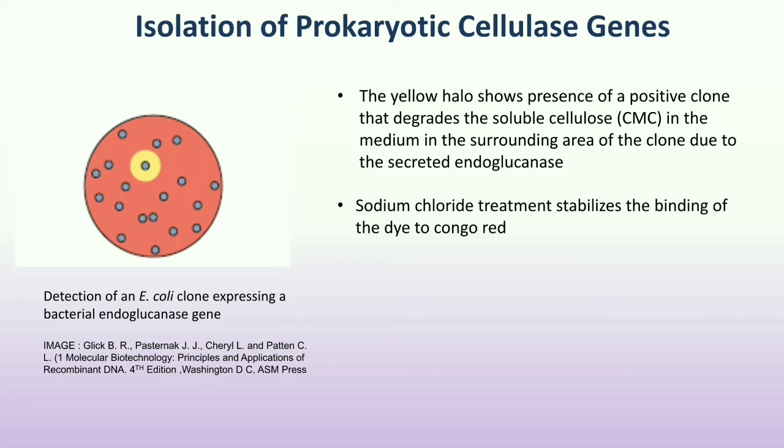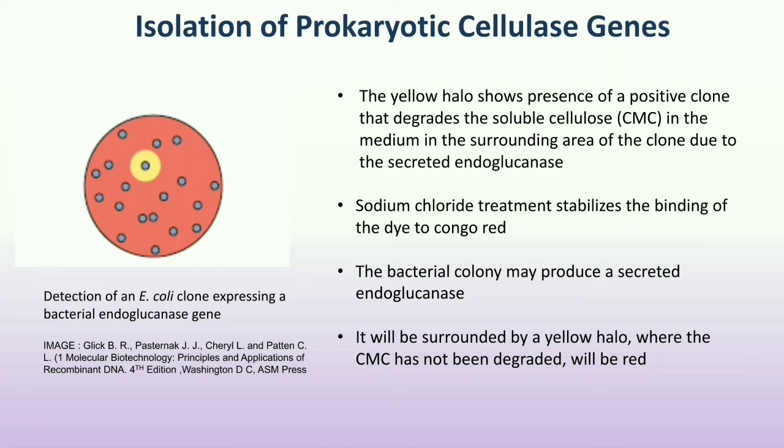So as we saw in the previous slide, sodium chloride treatment will basically stabilize the binding of the dye Congo red with CMC. The bacterial colonies may produce a secreted endoglucanase. Because it has produced a secreted endoglucanase, it is surrounded by a yellow halo, whereas the areas where CMC has not been degraded are shown in red color.